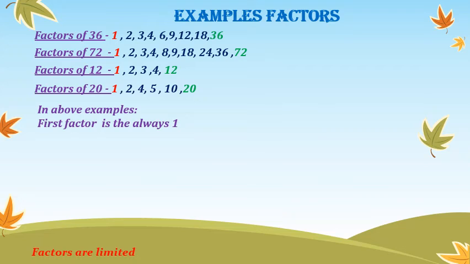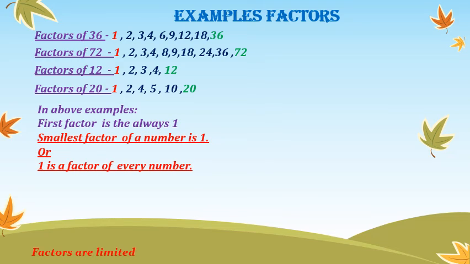In all of them, the common thing that you can see is that 1 is the first factor of all the numbers. In fact, we can say the smallest factor of any number is 1, because 1 is the number in whose table all the numbers can come. That means all numbers are divisible by 1. Or we can say 1 is a factor of every number.